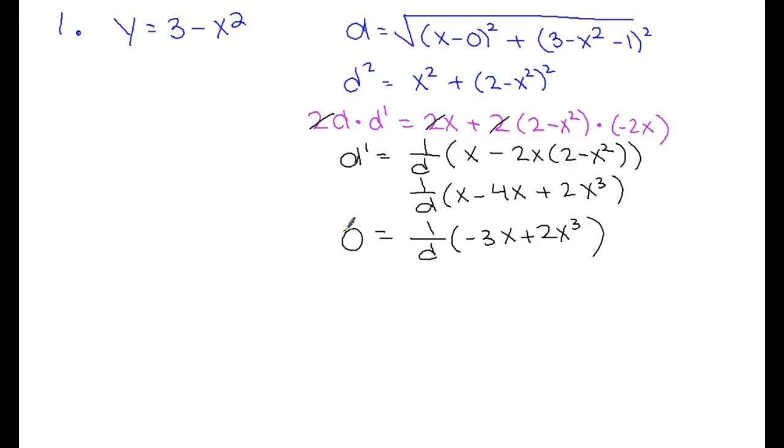So when you set this equal to 0 now, you get 0 equals, I would pull that x back out, so I have -3 plus 2x squared. So I get x equals 0 and x equals plus or minus the square root of 3 divided by 2.